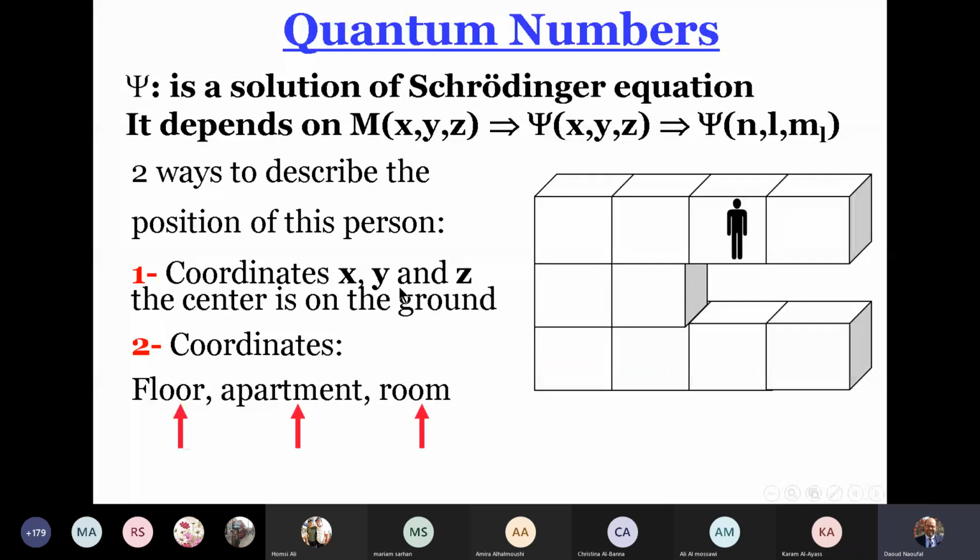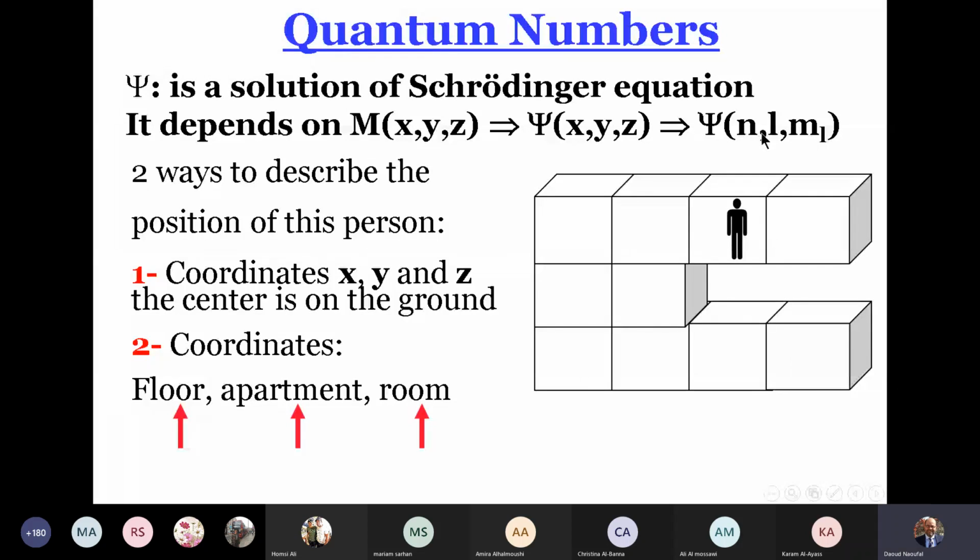So for the atom, it's not easy to use the coordinates X, Y, Z. We will pass from these coordinates to other coordinates at the microscopic scale that make reading the position of the electron easier, and we will call them N, L, and ML.